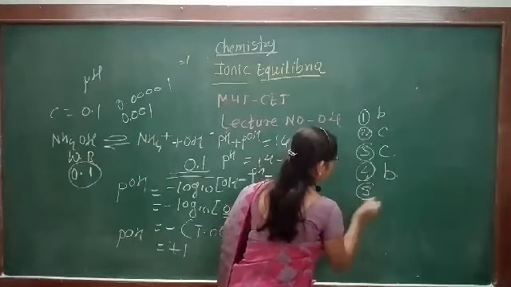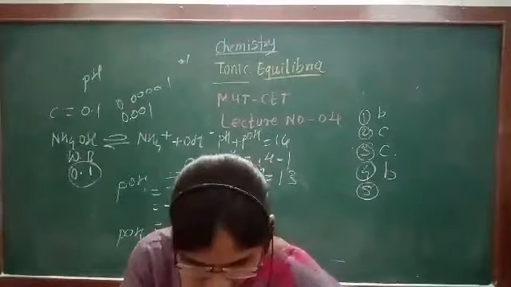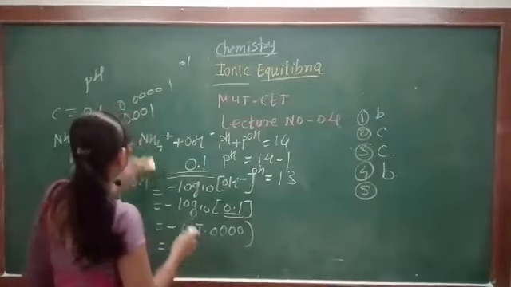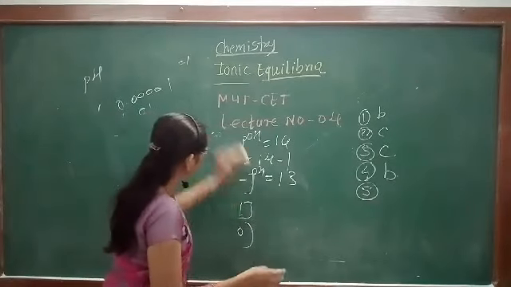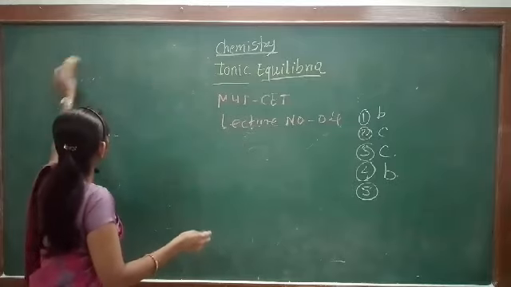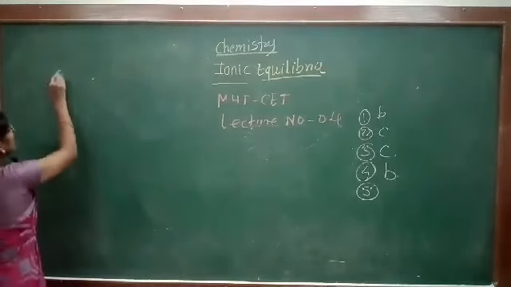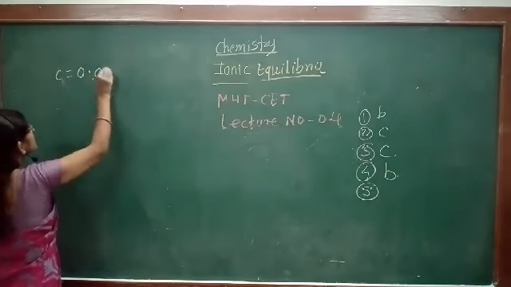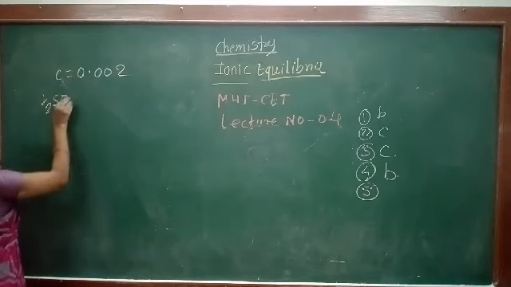Then the fifth one: the pH of 0.02 molar sulfuric acid. This is a very interesting question. Sulfuric acid, and the concentration is given, that means H2SO4.